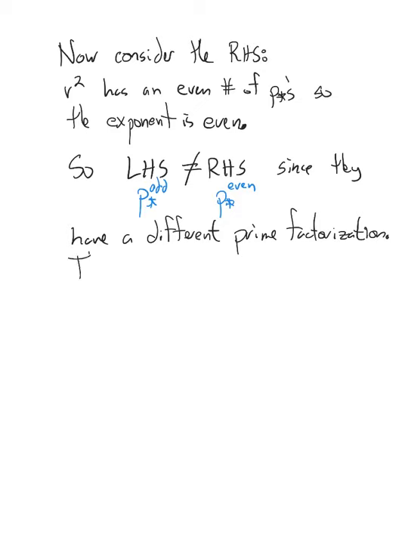Therefore, or thus, there's our contradiction. So we have a contradiction. We can't have it that the left-hand side equals the right-hand side and the left-hand side doesn't equal the right-hand side. So since we have a contradiction, we have two things that equal and don't equal at the same time, and mathematics breaks.